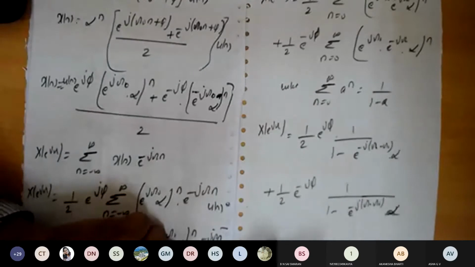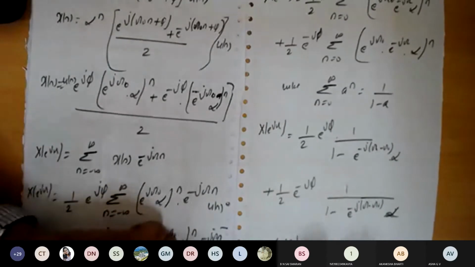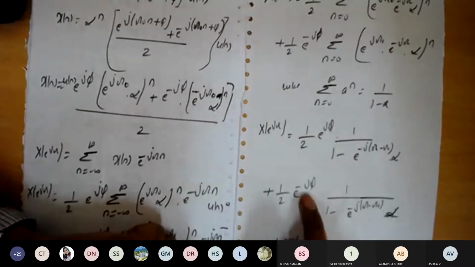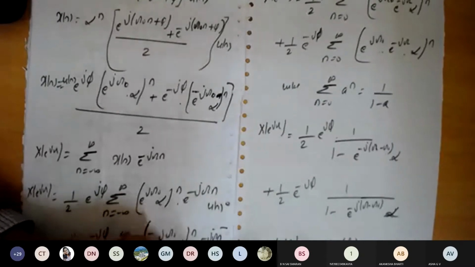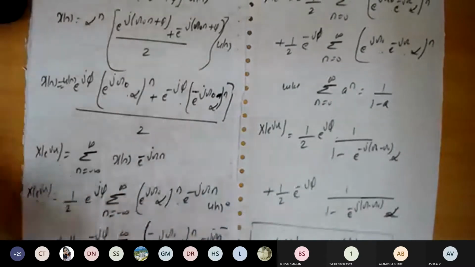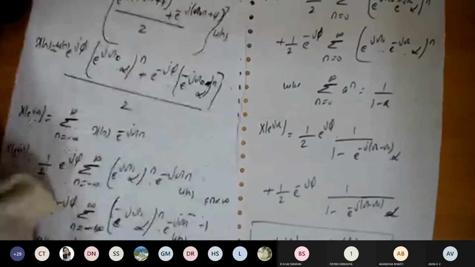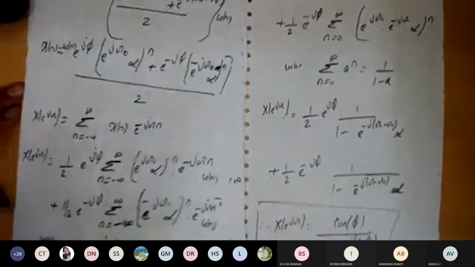So we can combine this as X of e to the power of j omega equal to cos phi divided by 1 minus alpha into e to the power of minus j omega minus omega naught. Okay, so this is the solution we got here.